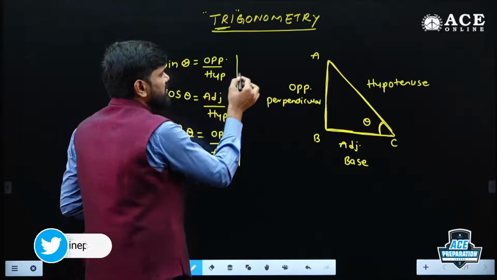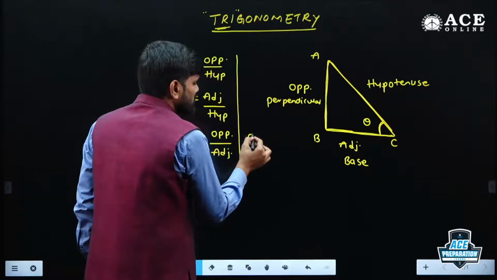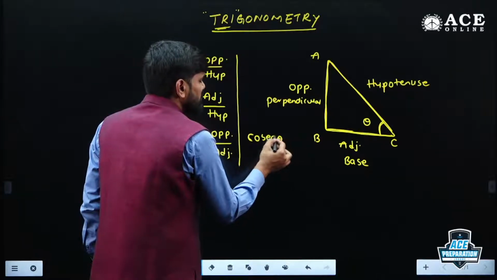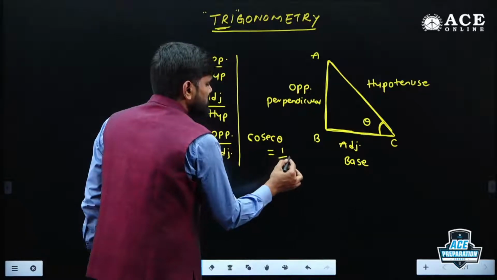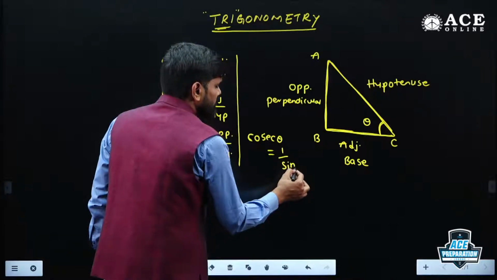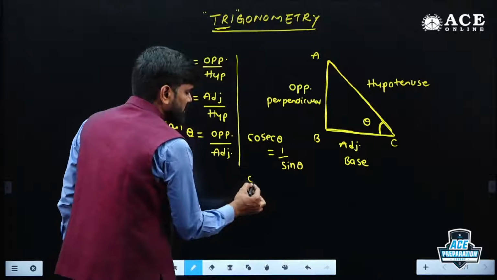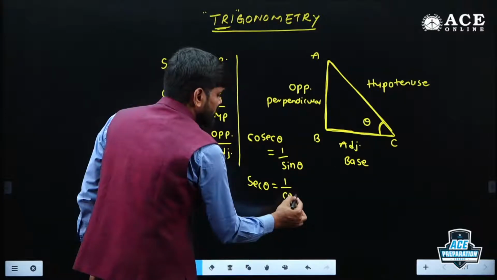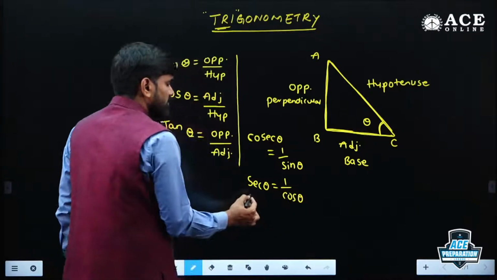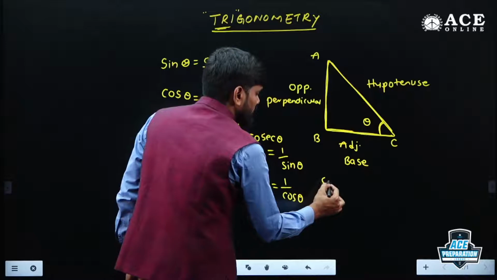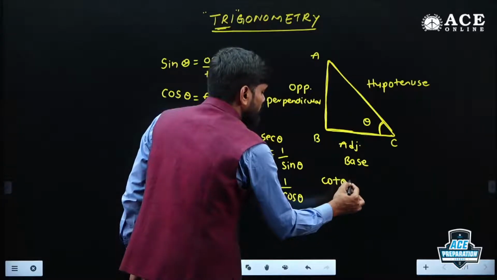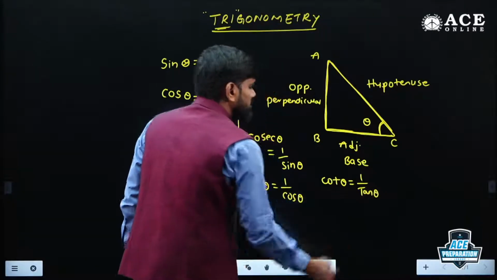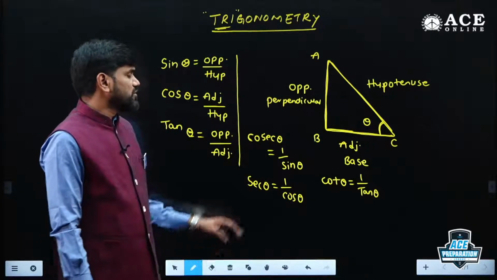So based on this, what are the other ratios that will come? After these three, the next one is cosecant theta. Cosecant theta is equal to 1 by sin theta. Similarly, secant theta is equal to 1 by cos theta. Cot theta is equal to 1 by tan theta. So how do we get cosecant theta, sir?